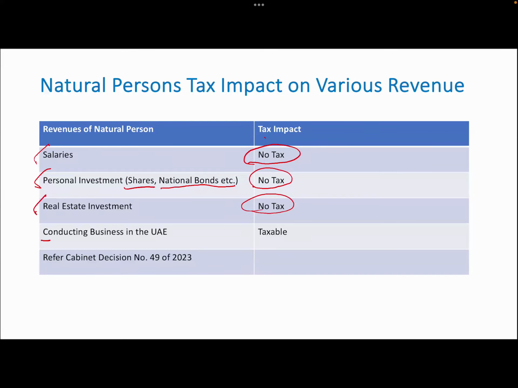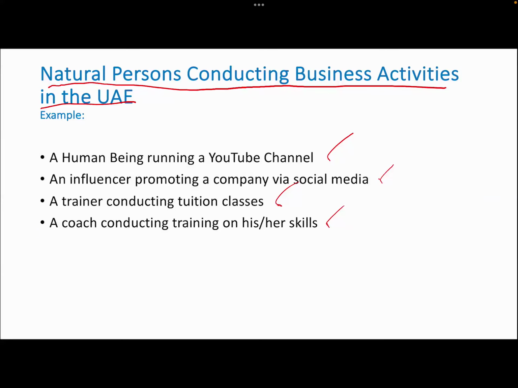Now, conducting business in the UAE. As a natural person, you may conduct some business in the UAE. What are the businesses in the UAE? As I've told in the earlier slide, you may be running a YouTube channel, or you may be an influencer promoting a company via your social media. You may be running tuition classes.